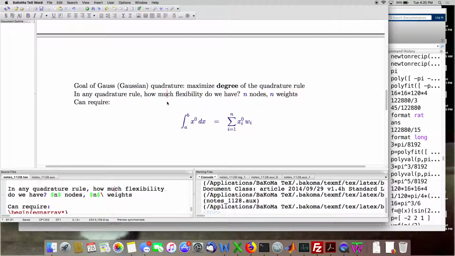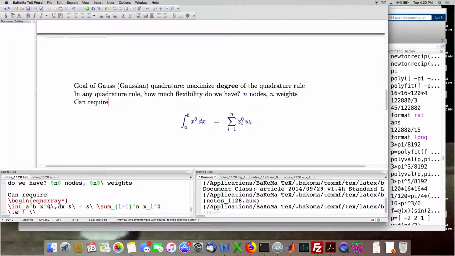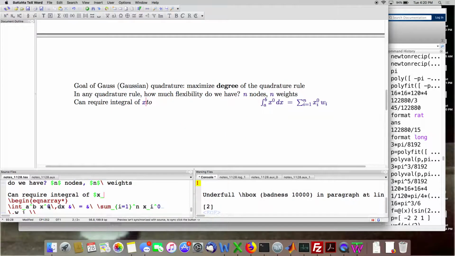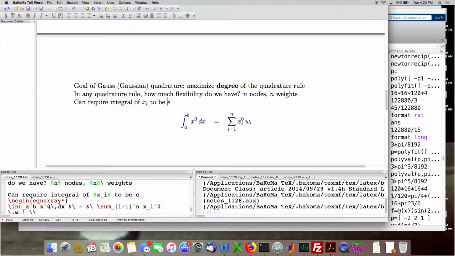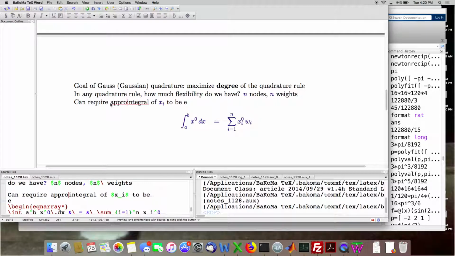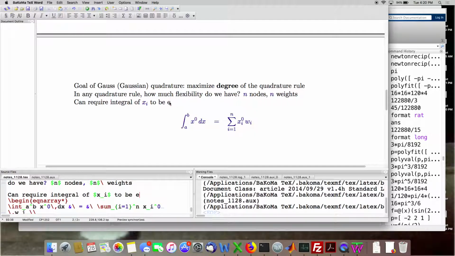So we can require that the integral of x to the i be handled exactly.